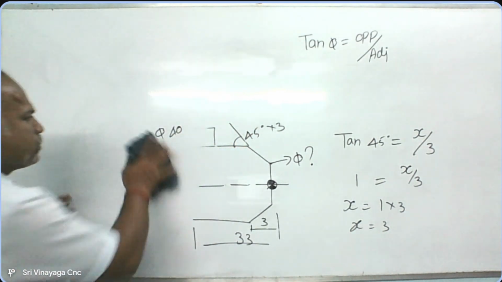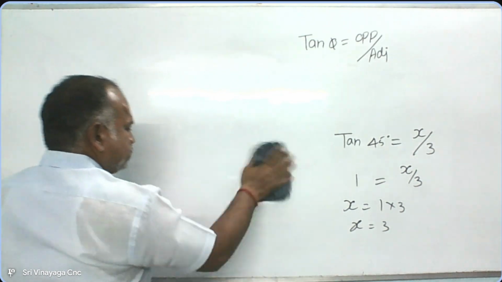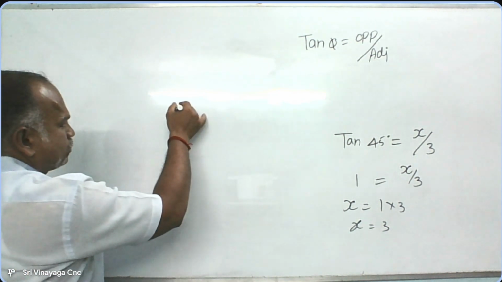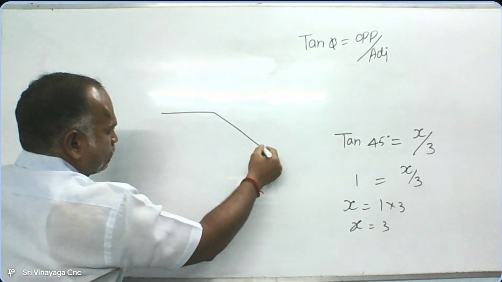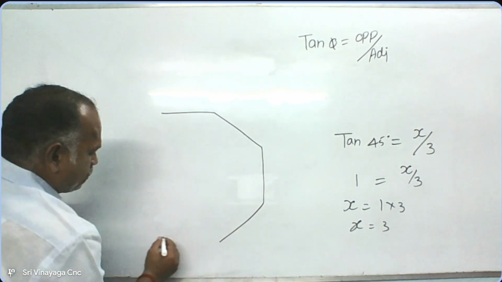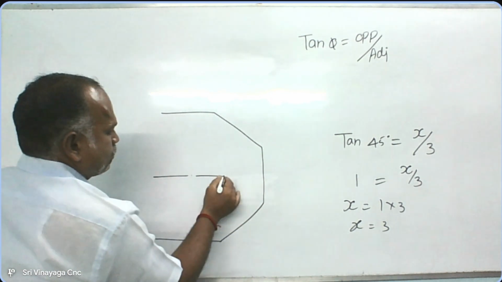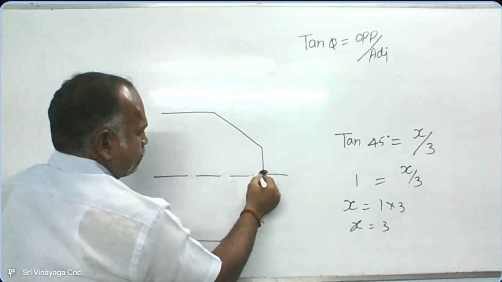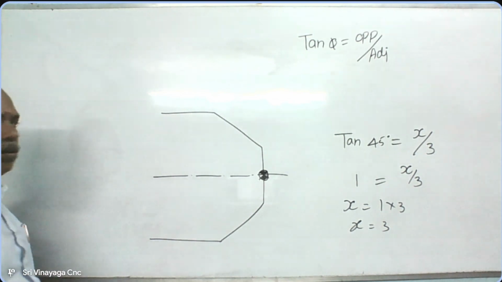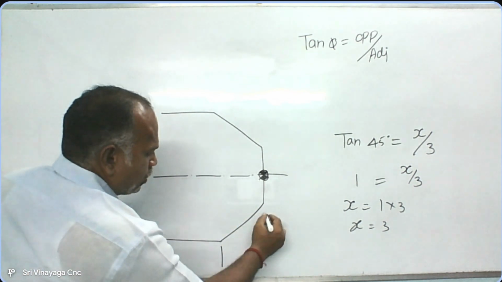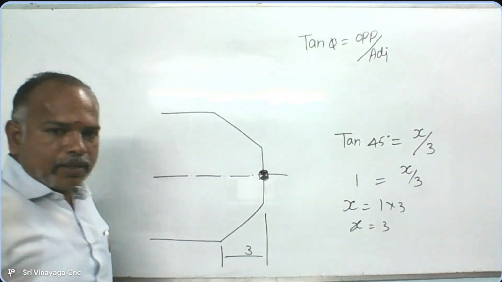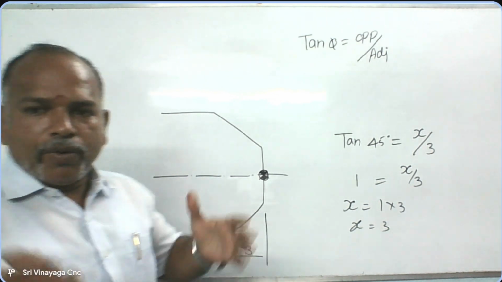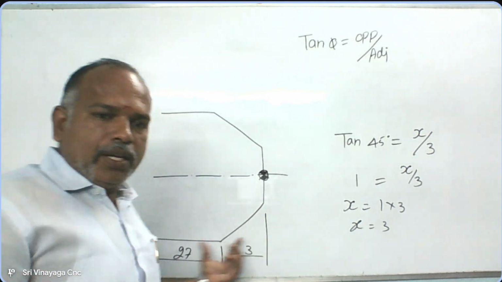Now this distance is 3 and this is 27, overall 30. We'll split it 3, 27.